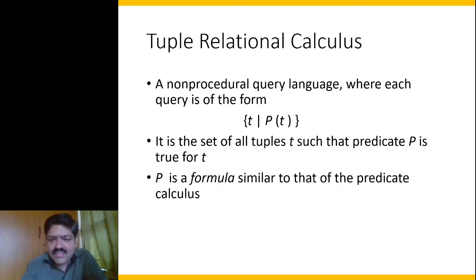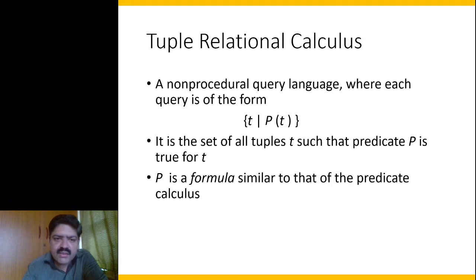In tuple relational calculus, a query describes the tuples we need. In that sense, it is descriptive. So we are not talking about how, but we are talking about what we need. We write it as shown here.